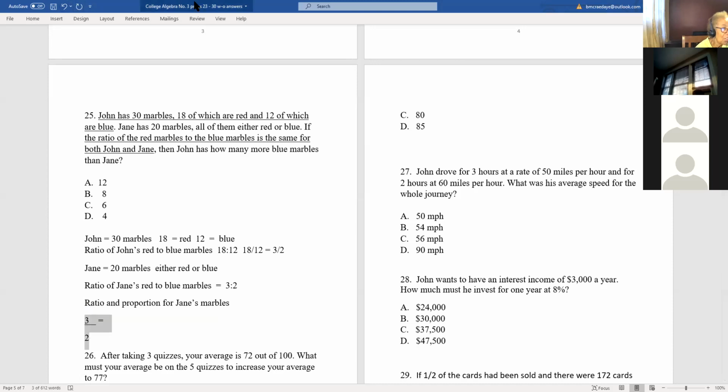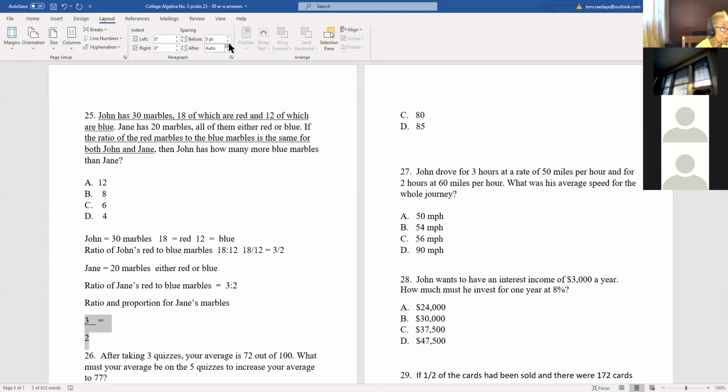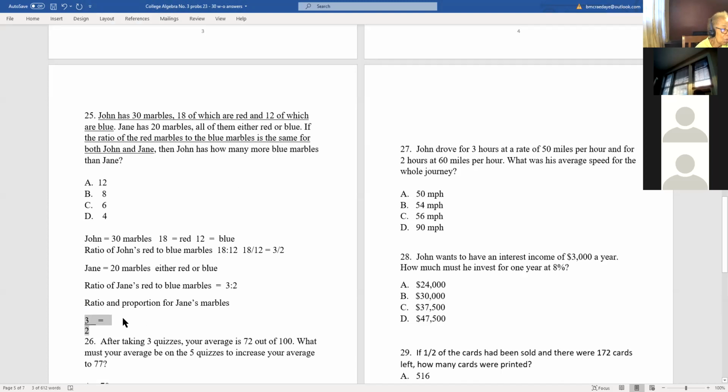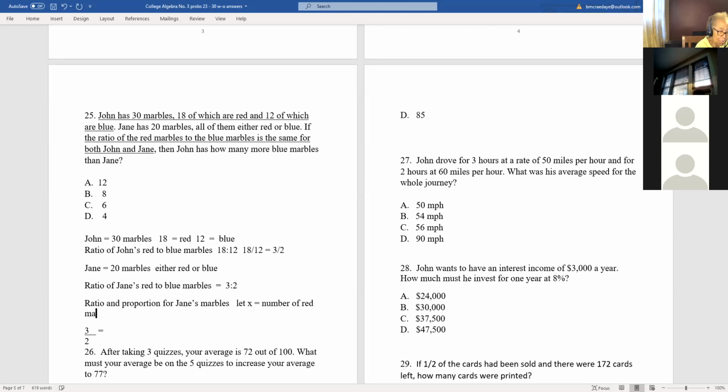If the total is 20, we need an unknown here, because we don't know how many red or blue marbles Jane has, but we know the total is 20. So let X equal the number of red marbles.